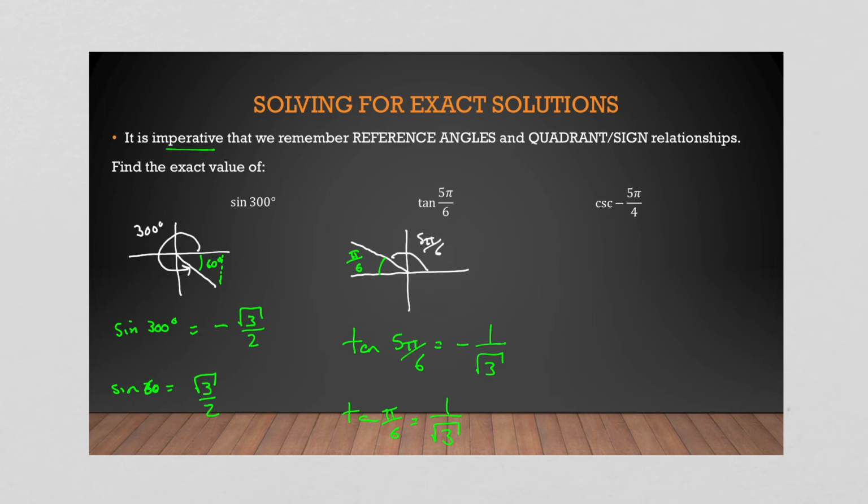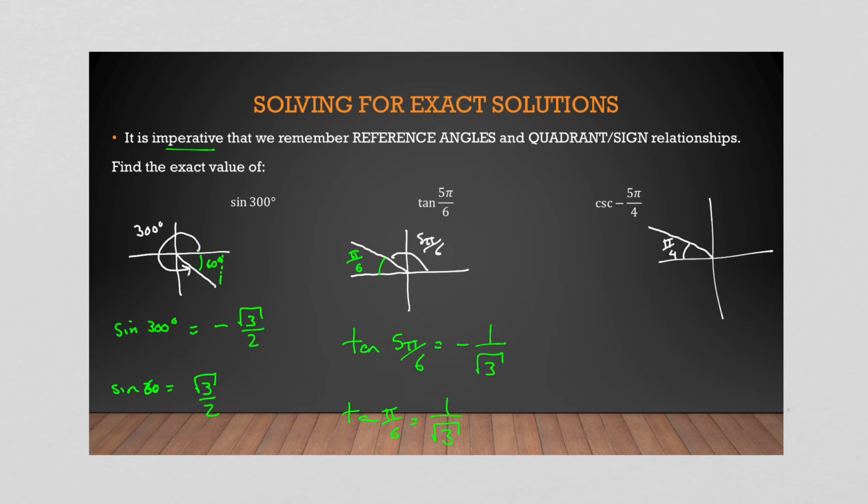So now lastly, cosecant of negative 5 pi over 4. Well, of course I'm going to throw a negative angle at you. It means we're rotating in a negative realm, but we're rotating past pi. So we're rotating all the way to here, right? It doesn't really matter that you've gone 5 pi over 4. All that matters is that this is pi over 4. So again, there's my reference angle.